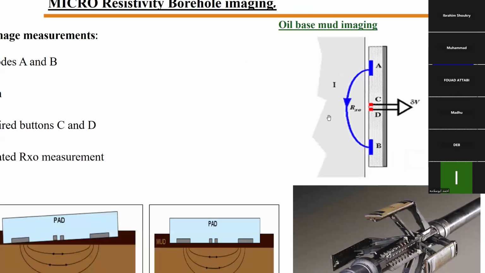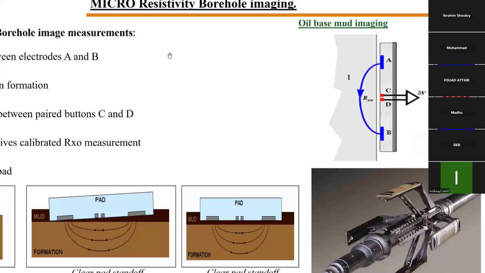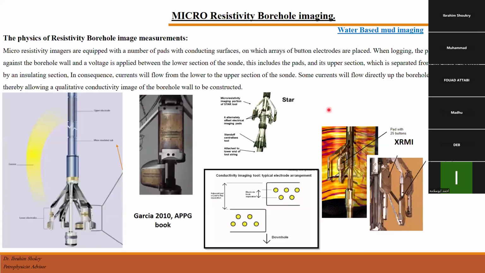We can observe that we have here 10 electrodes, 1, 2, 3, 4, 5, and then 10 electrodes, which is 5 pairs. So each arm will give me 5 resistivity curves, as you can see, while in water-based mud each arm can provide us with 25 resistivity curves.